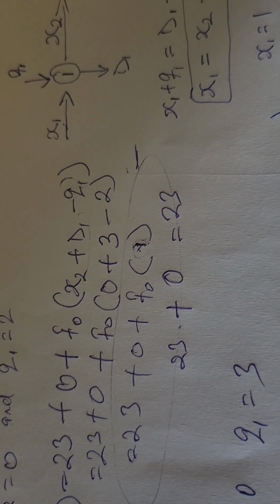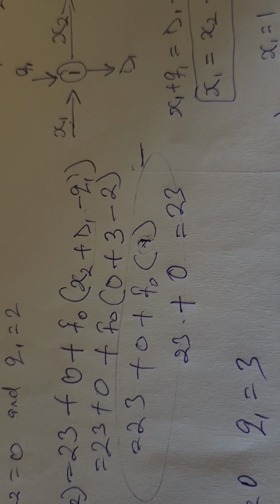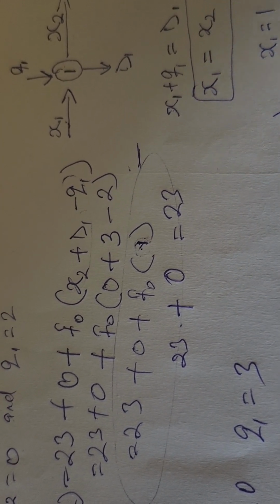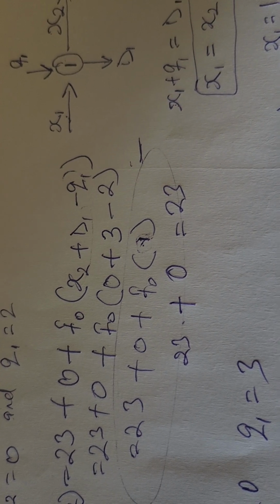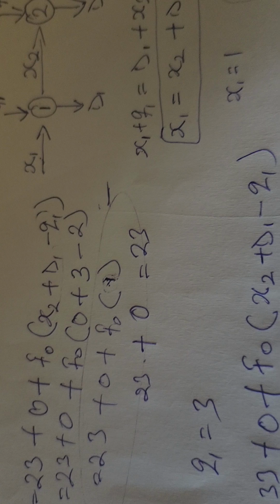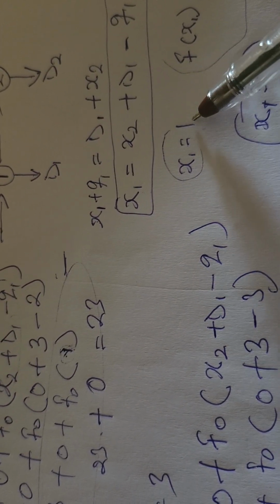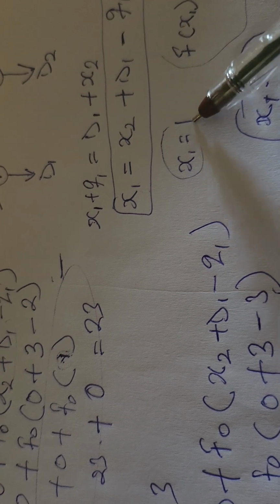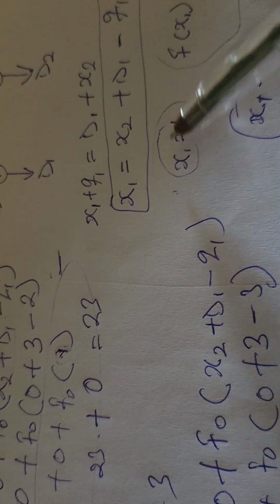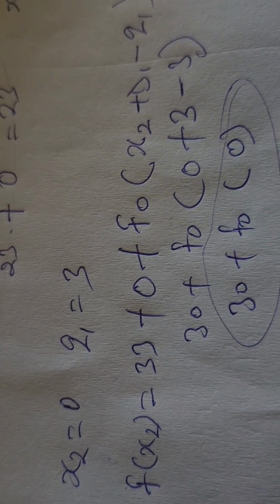Here our x1 is equal to what? 0 here. So the implication of that is x1 is equal to 0. Do you have anything like this? Because the only parameter we're given in the question is when x1 is equal to 1. Anything that negates this will automatically render that particular cost invalid.